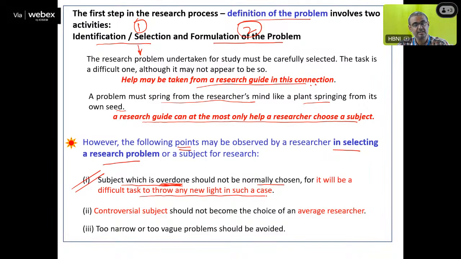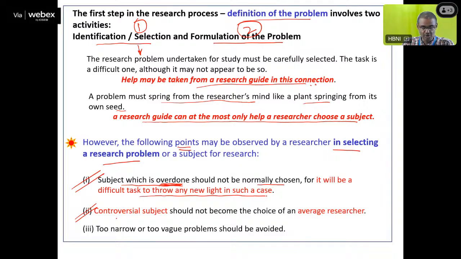Something which is over-investigated, we should not pick up as our research problem, because it will be very difficult for you to find new ideas or new data from that.